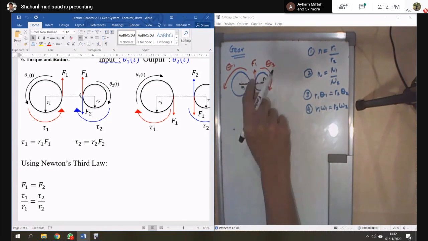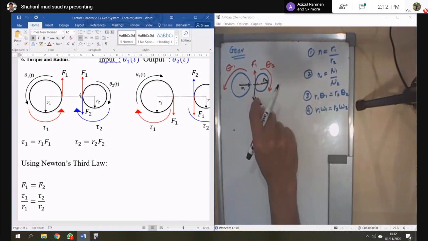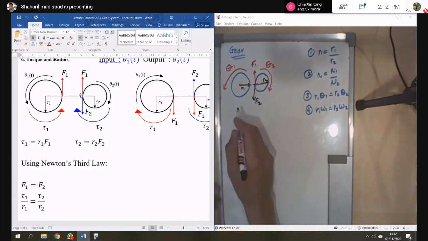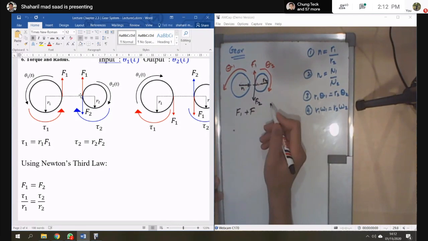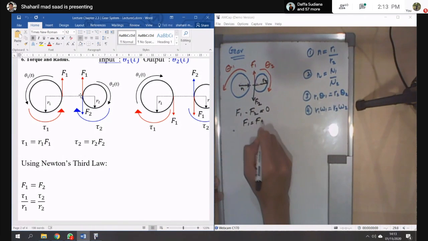Gear 1 applies force F1 here, and gear 2 applies force at the opposite direction. So because you will have F1 plus F2, we can say that F1 minus F2 equals 0. So F1 equals F2 here. Okay.